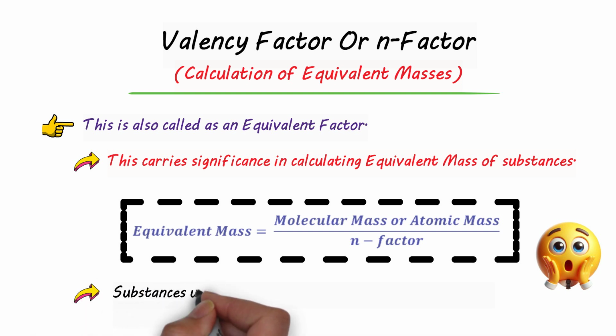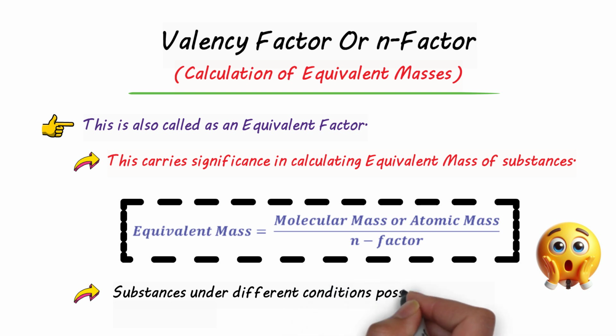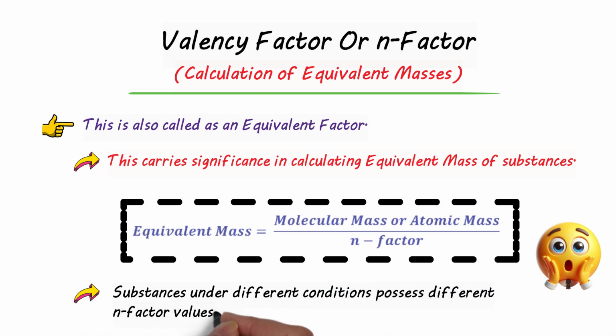Now, substances under different conditions possess different N factor values. Whether the substance is a metal, element, acid or base, reducing or oxidizing agent, etc. Now, how can you find N factor values in each of these substances?